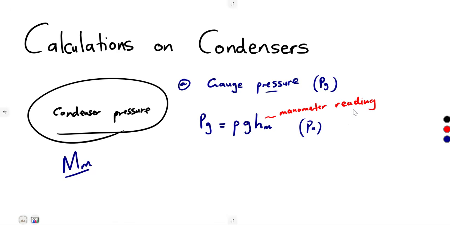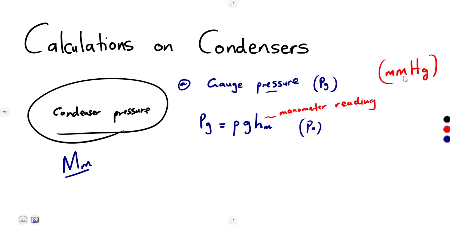So that is taken in millimeter mercury. The unit will be millimeters of mercury, because we are dealing with the height of the mercury.